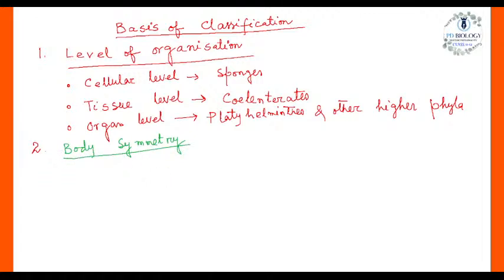We can divide animals on the basis of body symmetry. The first one, asymmetry. That is asymmetrical body symmetry, found in sponges.